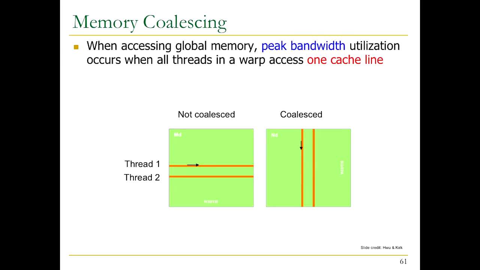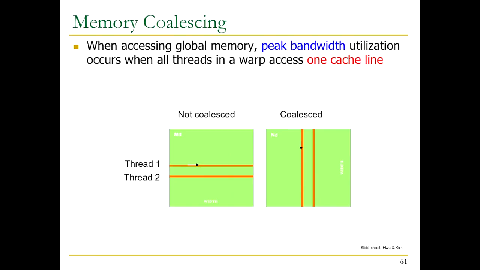And this is what you have in this right picture here. So this arrow represents the data elements that are accessed by the threads in successive iterations. So for example, here we have 2 threads. If thread 0 accesses here and thread 1 accesses here, they both are accessing consecutive memory addresses that belong to the same cache line.